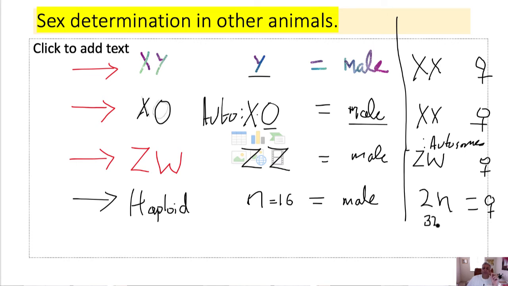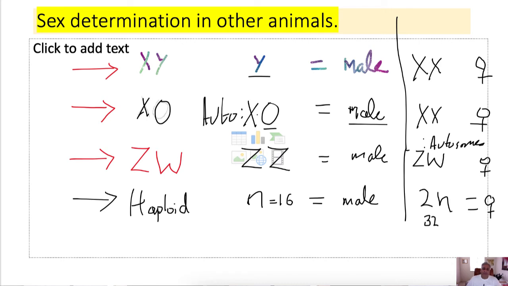So if you develop from a fertilized egg, you'll become a female. If you develop from an unfertilized egg in the queen bee, then you'll become a male. So that system also exists around us, just to complicate our lives, right? And as you know, bees are insects. So some insects do it this way, some insects do it that way. And it's just what it is out there in the world.